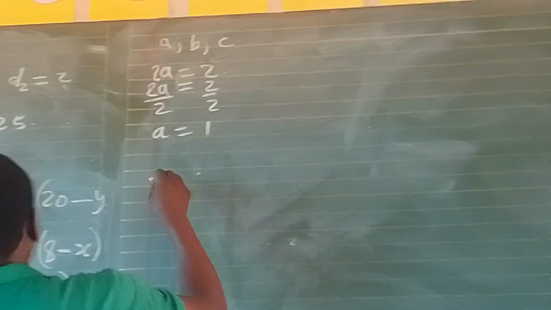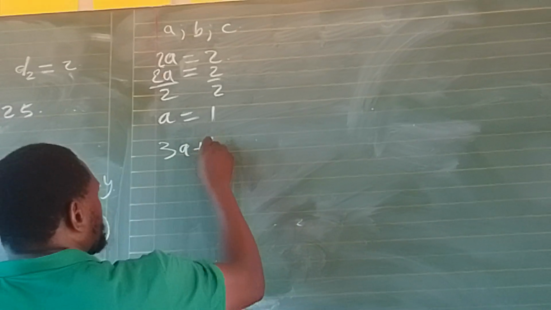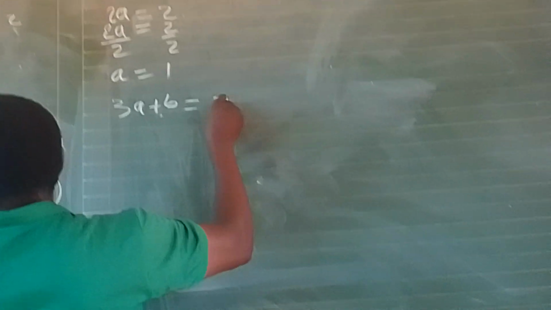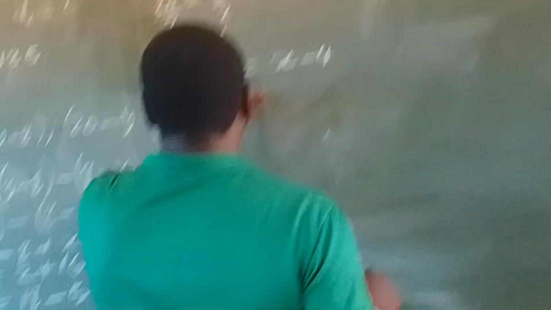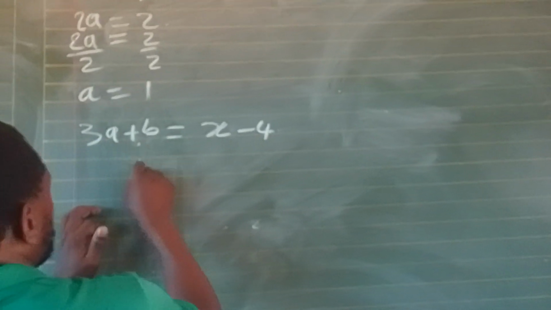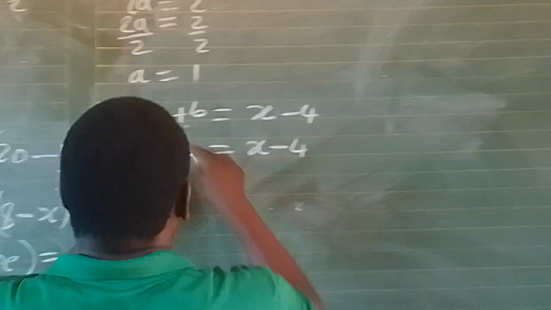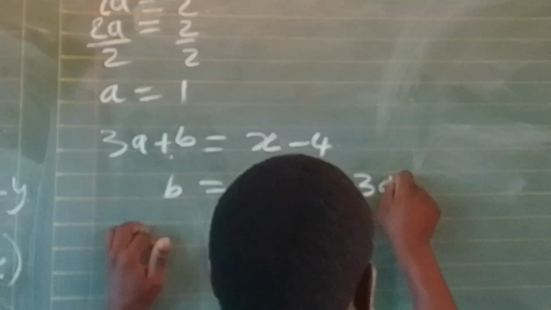Then our B: 3A plus B is equal to X minus 4. Then we want the value of B. Then B is equal to X minus 4, take this 3A, that side is going to be minus 3A.